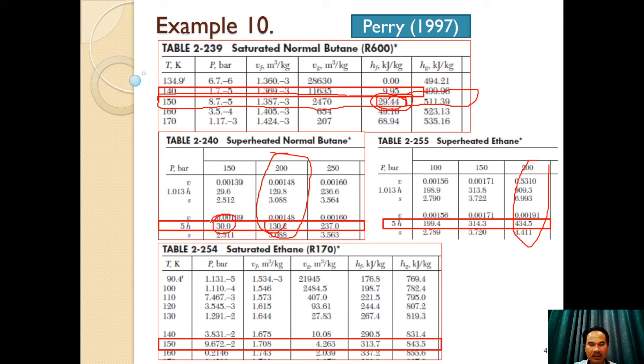At 150, ethane is 314.3 and 313.7, about the same, so you use this value. This is the input ethane, this is the input butane, this is the output butane, and this is the output ethane.